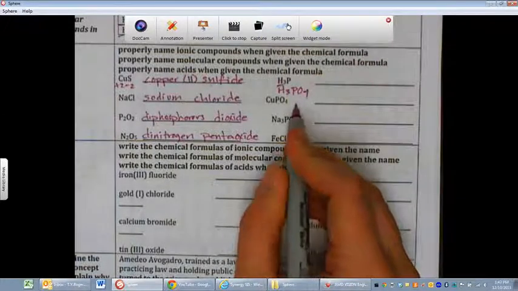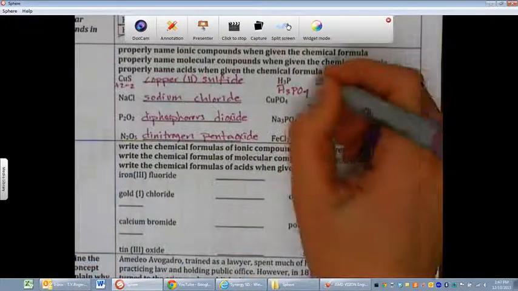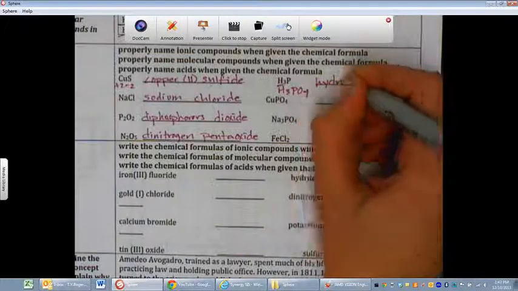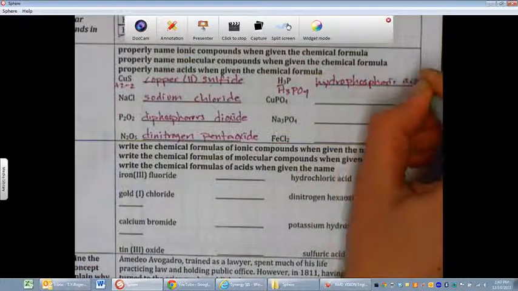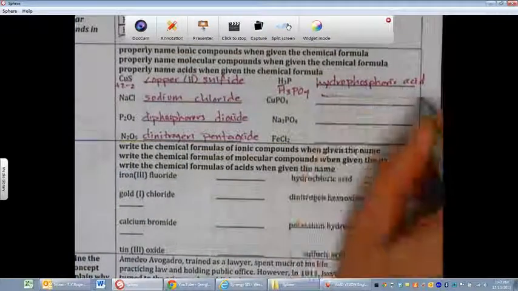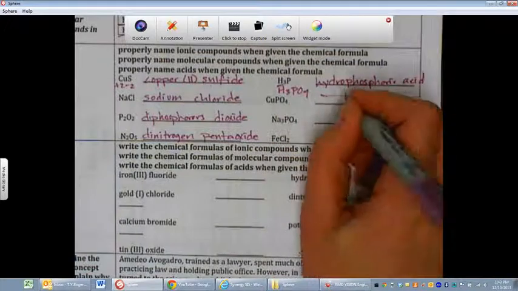If it has a phosphate attached to it or any polyatomic, you drop the hydro. So this one is hydrophosphoric acid, but the next one, since it has the polyatomic ion, I don't keep that. So it's going to just be phosphoric.